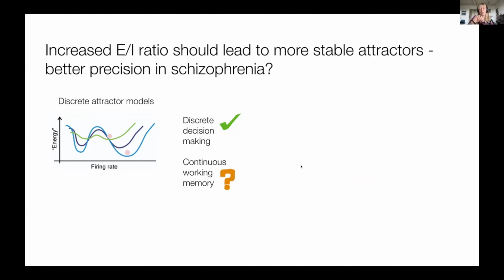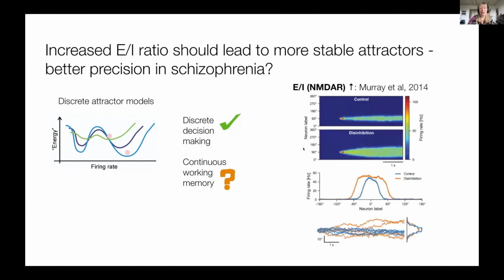So now we wanted to ask whether this is also a relevant framework for thinking about working memory, and specifically continuous working memory. As a spoiler, I'm already giving away that this is, of course, not the right model to understand continuous tasks. And I want to exemplify this with the paper from John Murray from 2014.